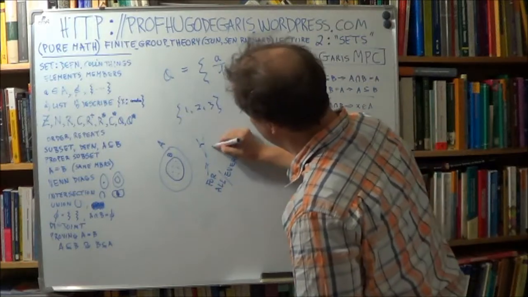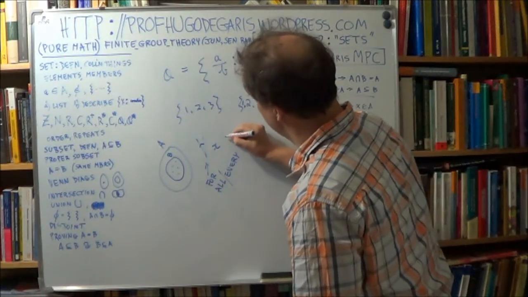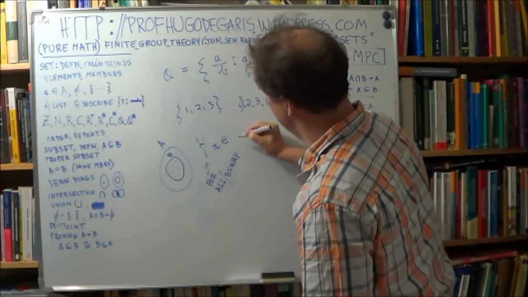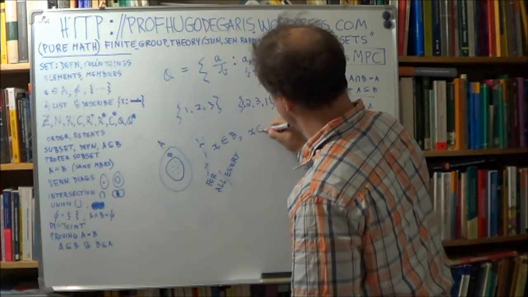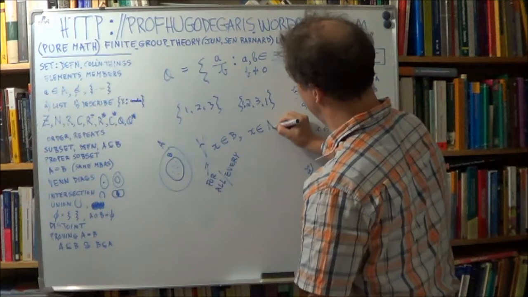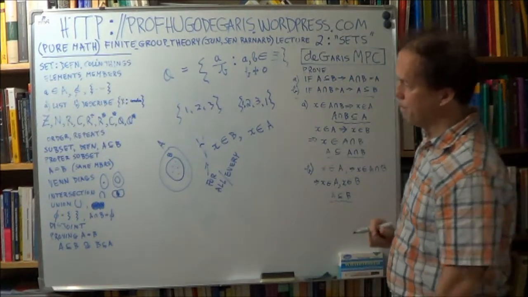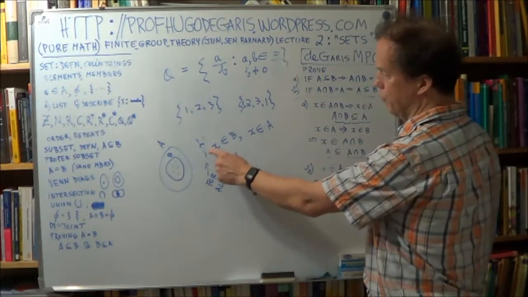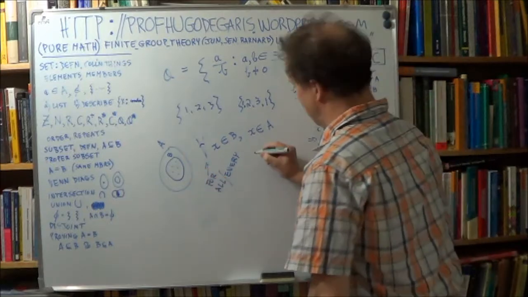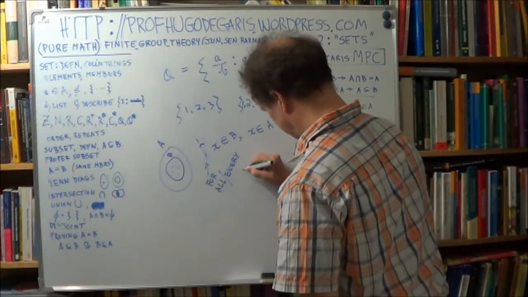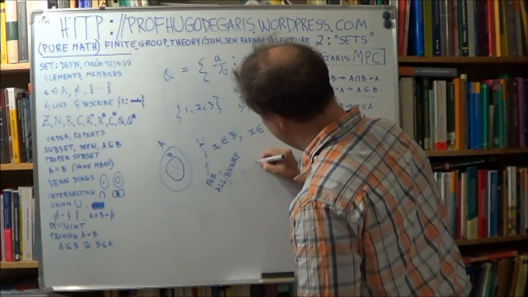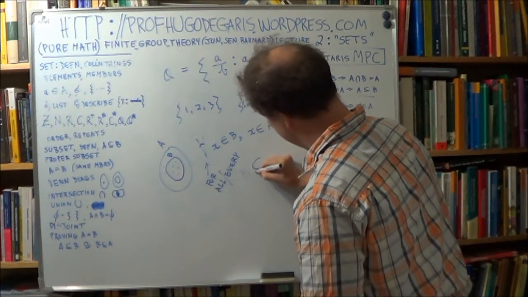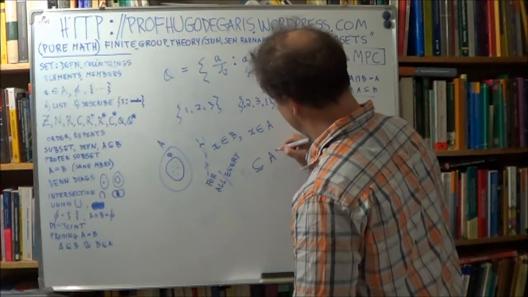So for all x belonging to B, x also belongs to A. Okay? If that's true for all your x, then by definition, B is a subset of A.